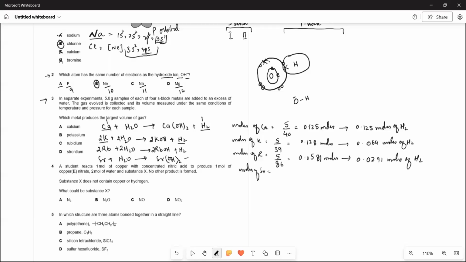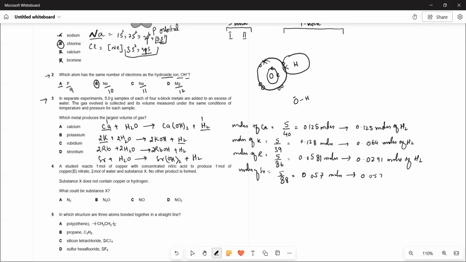Strontium hydroxide plus H2. So 5 grams divided by its molar mass, which is in the periodic table, 88, and it gives 0.057 moles. So same number of moles because 1:1, right?